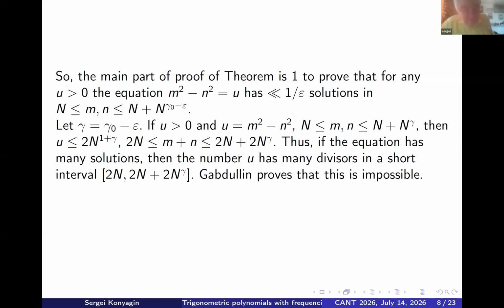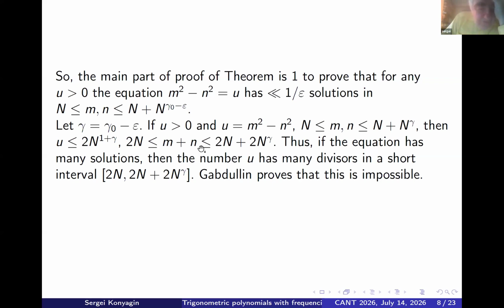So the idea was the following: assume that u has a representation m square minus n square. Then m minus n and m plus n are in this segment, and m plus n also lies in a small segment.